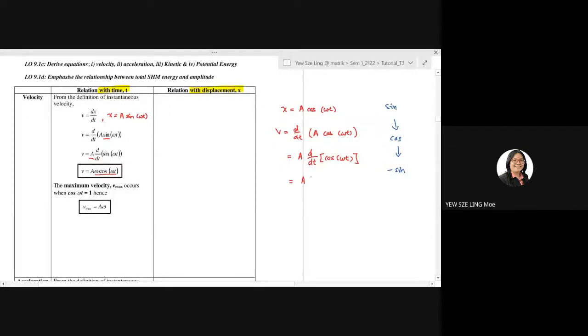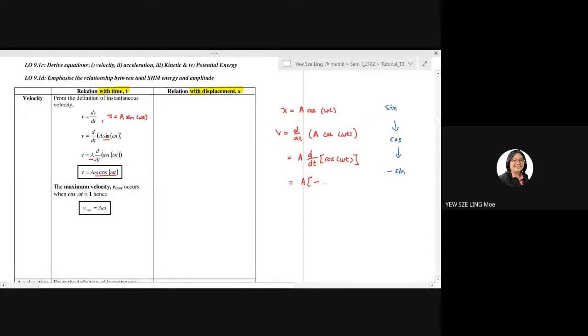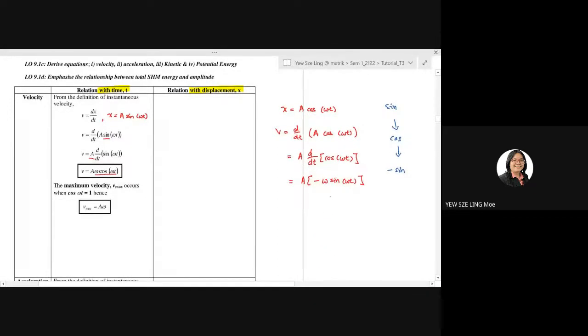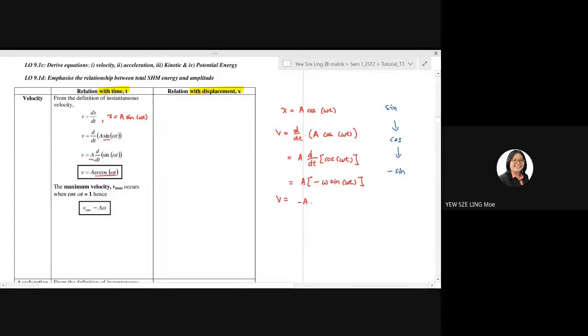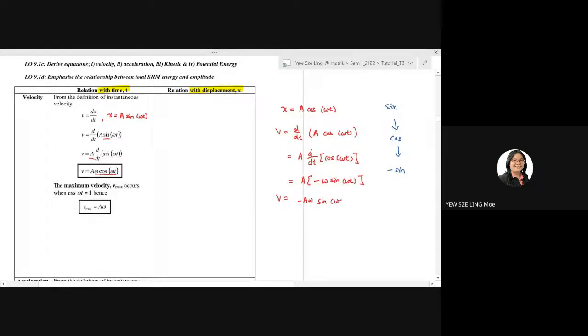Therefore, you have A times negative omega sin omega t. If your displacement is in terms of cos, this is how you solve it. Therefore, v equals negative A omega sin omega t.